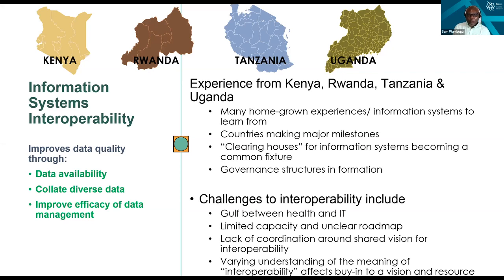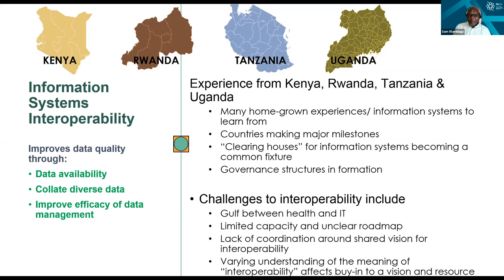If I have to pick from one of the countries, but really, these points I'm raising cut across generally across those countries, there's good momentum happening to bring information systems to a stage where they are interoperable. There were many major milestones achieved.